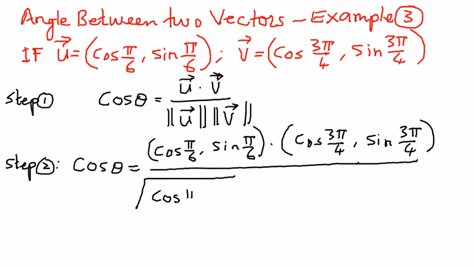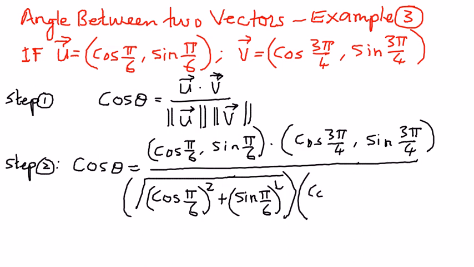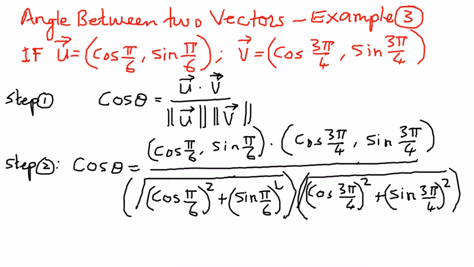Cosine pi over 6, this whole thing raised to the power of 2, plus sine pi over 6, this whole thing raised to the power of 2, and then times, the magnitude of v, cosine 3 pi over 4, this whole thing raised to the power of 2, plus sine 3 pi over 4, this whole thing raised to the power of 2, and all of this is under the radical symbol.